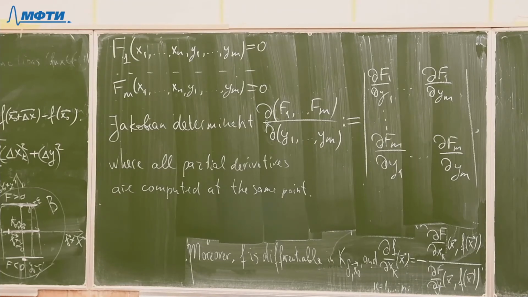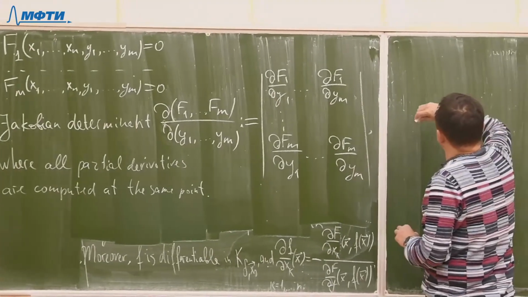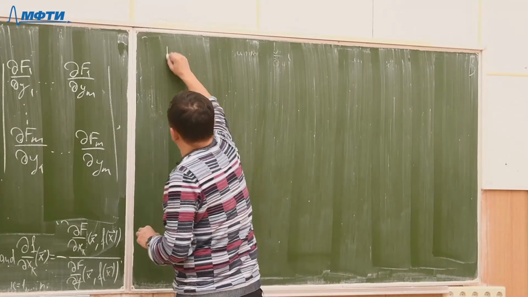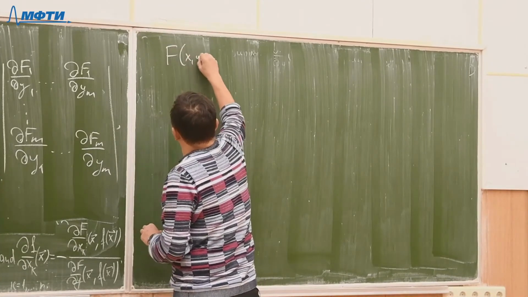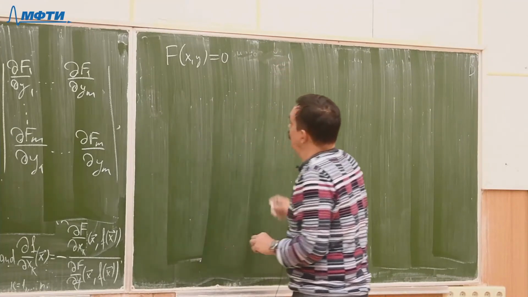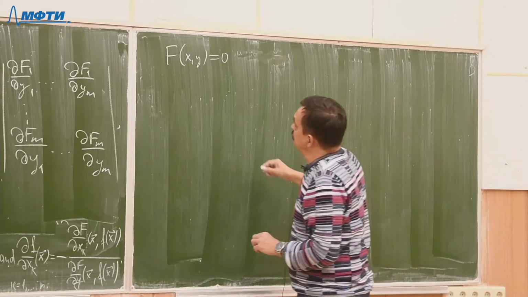And okay, maybe before going further, let me once again revise the implicit function theorem. So let me recall how we solved it. So we had an equation, right? And we solve it.